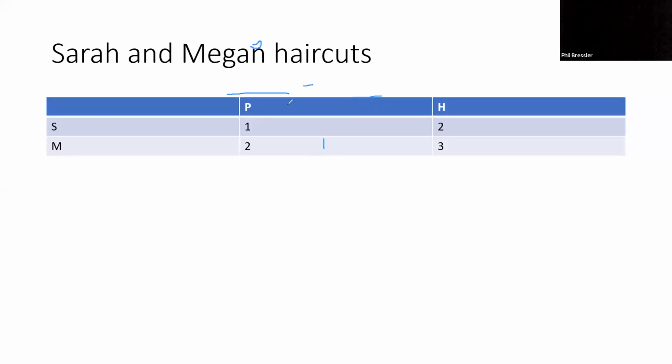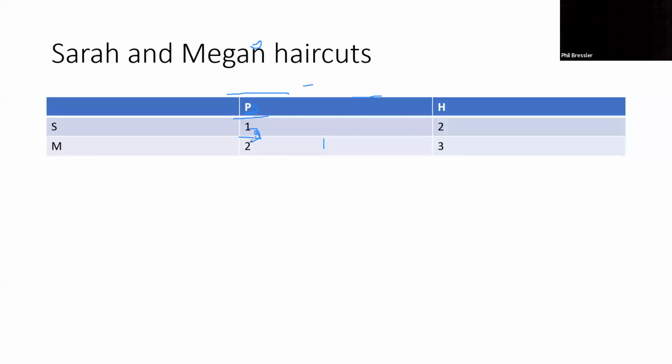For perms, the other is haircuts. So for Sarah, it's the other over output, 2/1. And then for Megan, the other is 3/2. 3 over 2 is 1.5, smaller than 2. Therefore, Megan has the comparative advantage for perms.